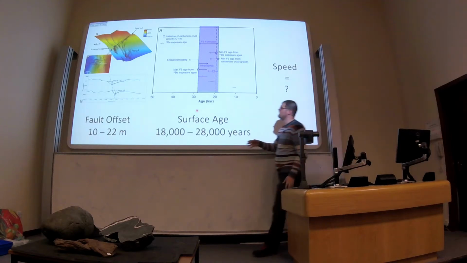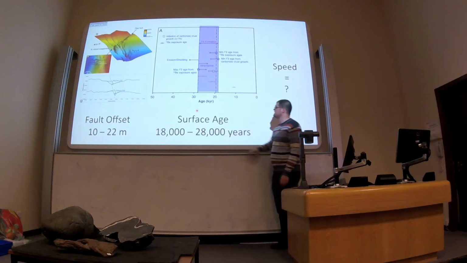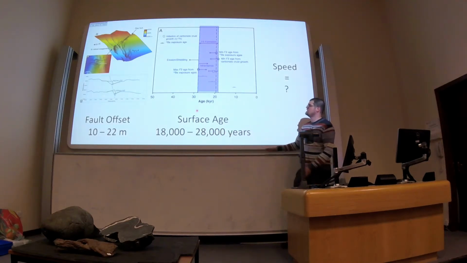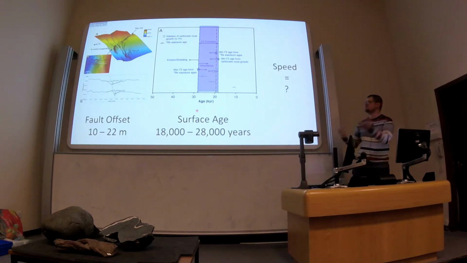So this is what we do. We basically combine our fault offset, okay, with a surface age, okay, and this gives us a rate of movement on that fault. Okay, so I could ask you to work out how fast it's moving, but it's one number divided by the other.